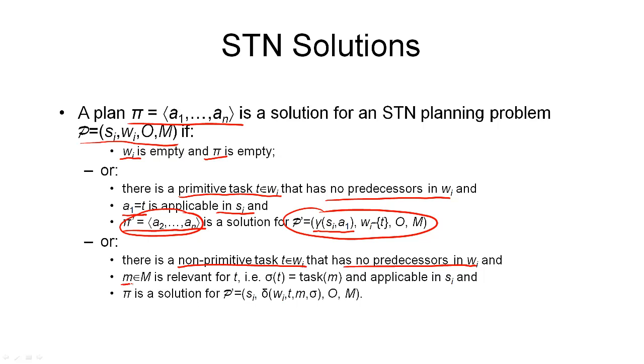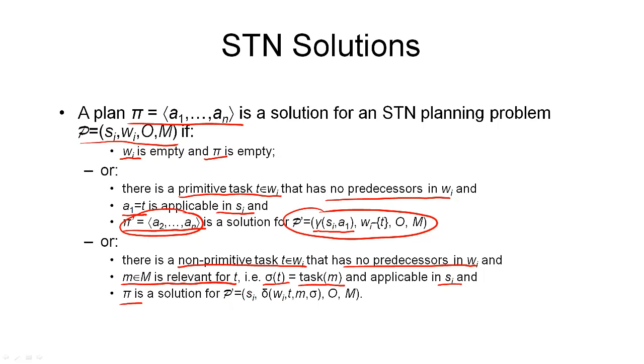Now suppose we have a method M that is relevant for this task. That is, there is a substitution sigma such that sigma of T is the task of the method. And suppose this is applicable in our initial state. Then our plan pi is a solution for our original planning problem if it is also a solution for a modified planning problem.